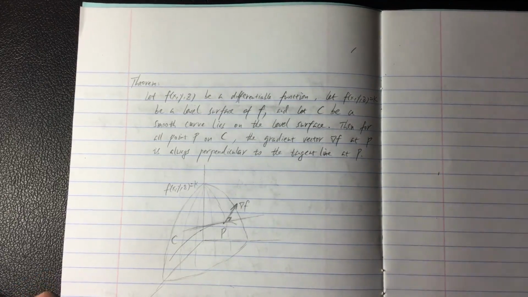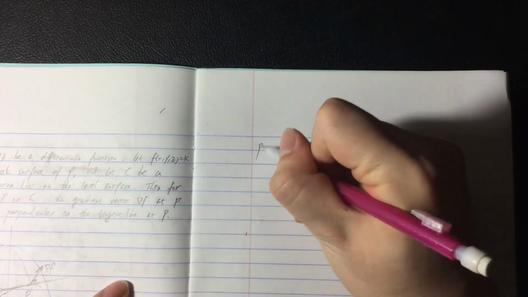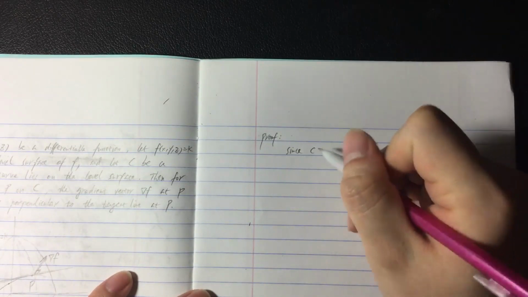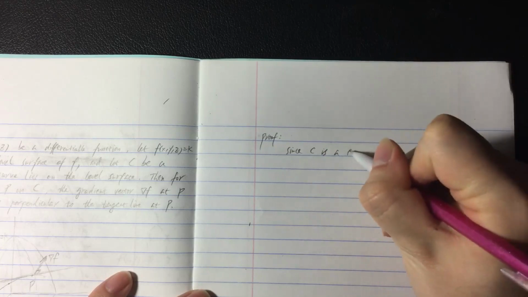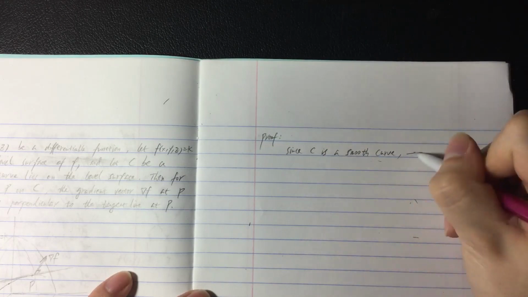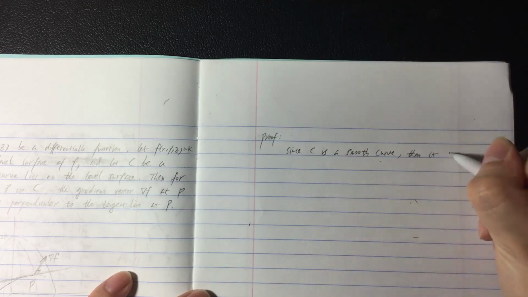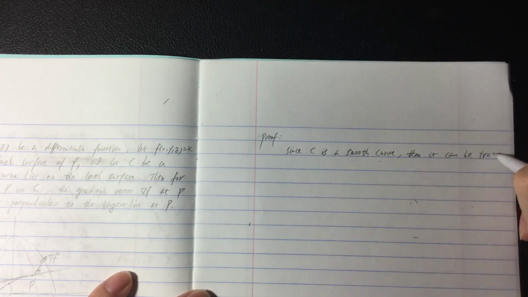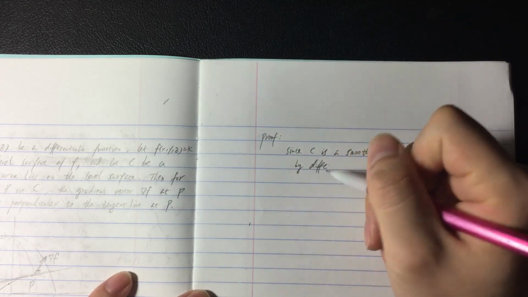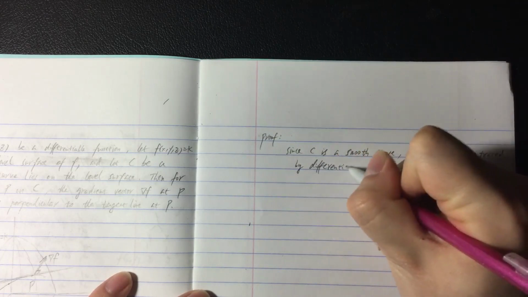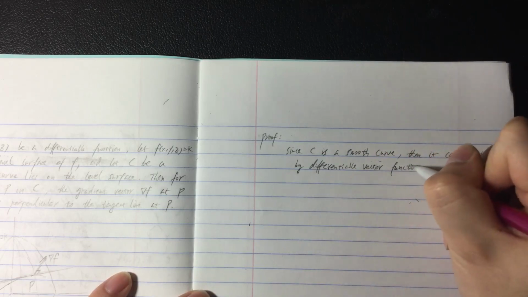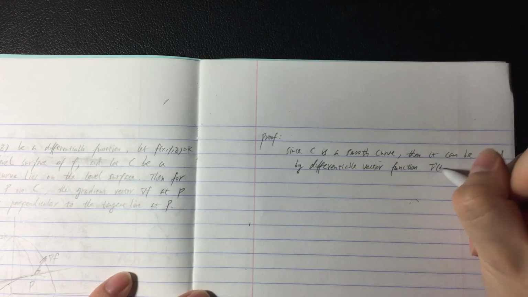Let's prove it. Since C is a smooth curve, it can be traced by a differentiable vector function r of t.